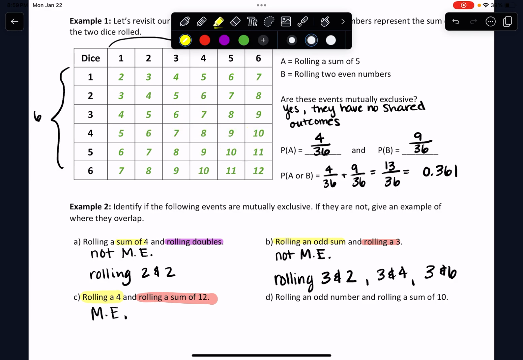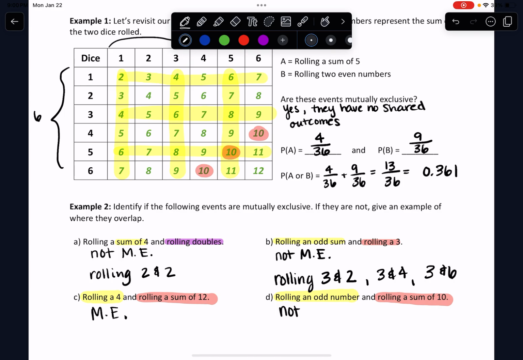And then finally, rolling an odd number and rolling a sum of 10. So rolling a sum of 10 happens 3 different ways. Rolling an odd number is any of these columns or rows, and we can see that there is one overlap there.